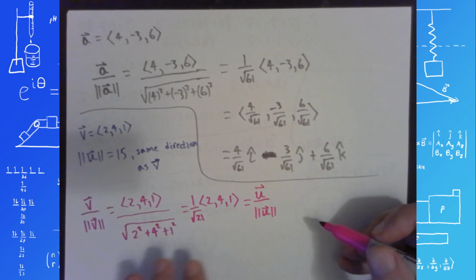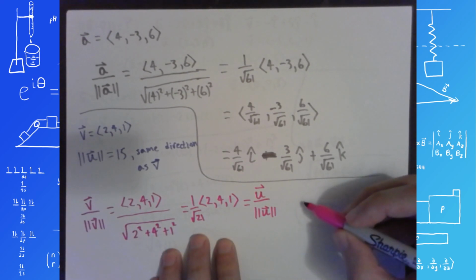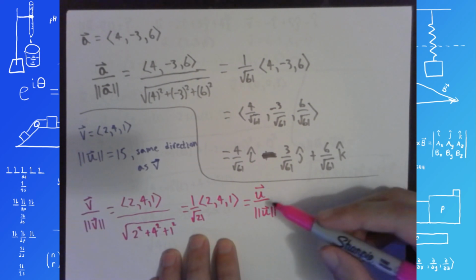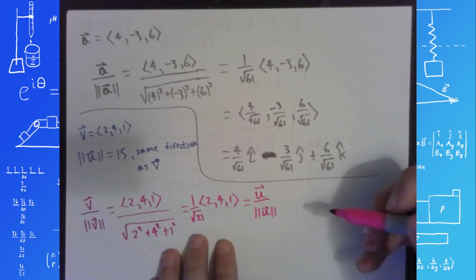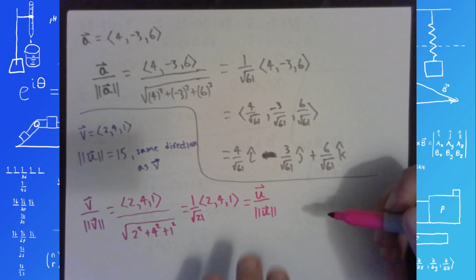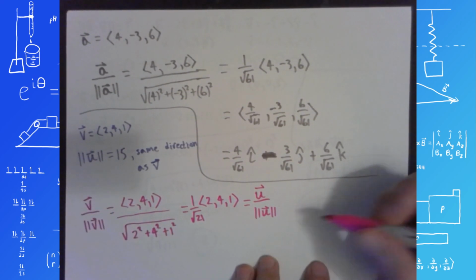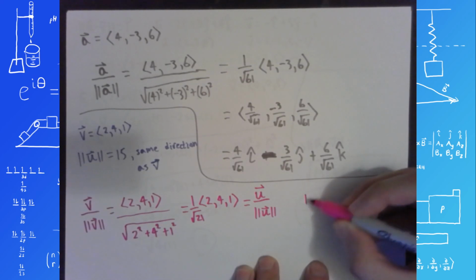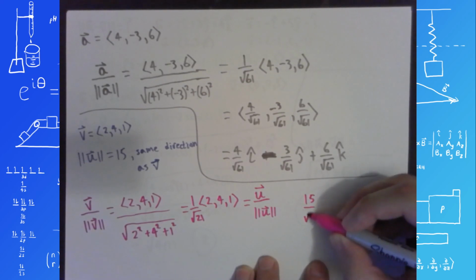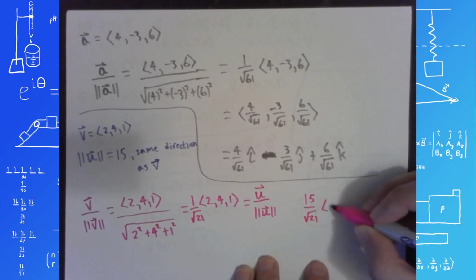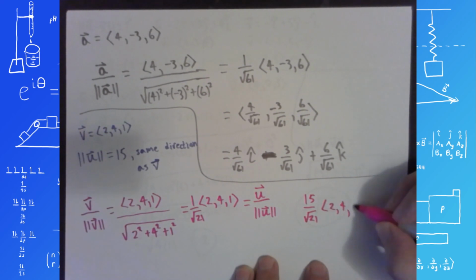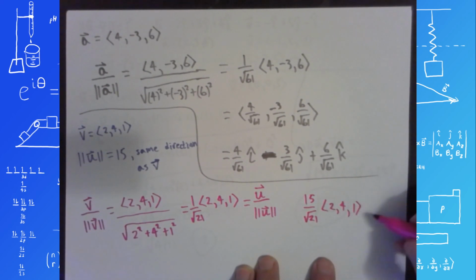Therefore, if we multiply both sides of this by the magnitude of u, which is 15, then u would just be 15 over the square root of 21 times (2, 4, 1). Like so.